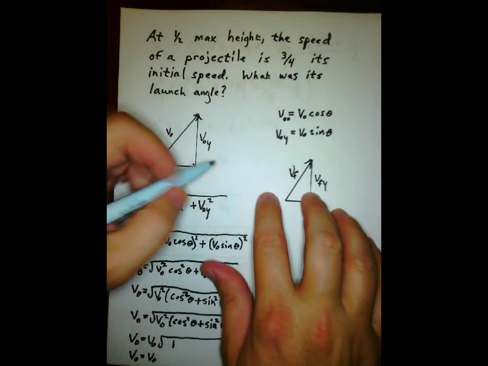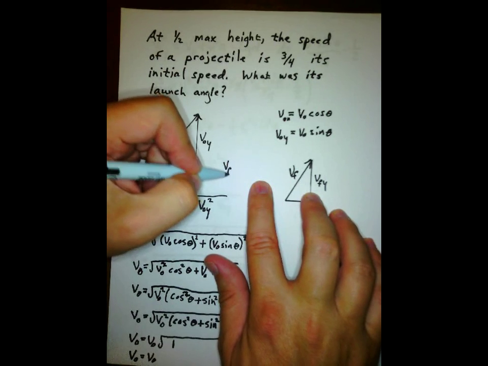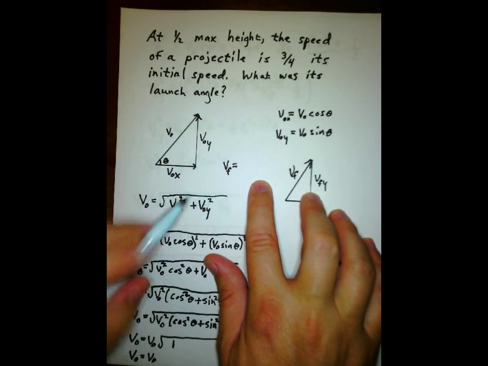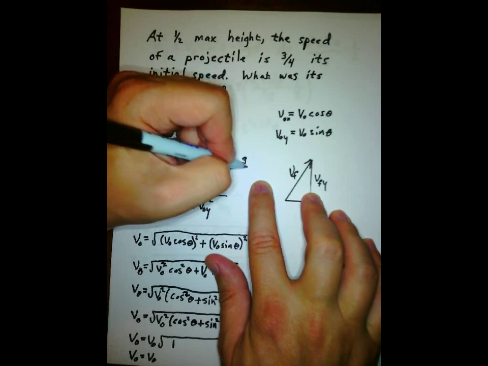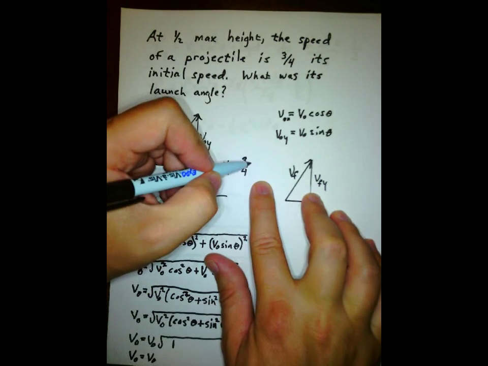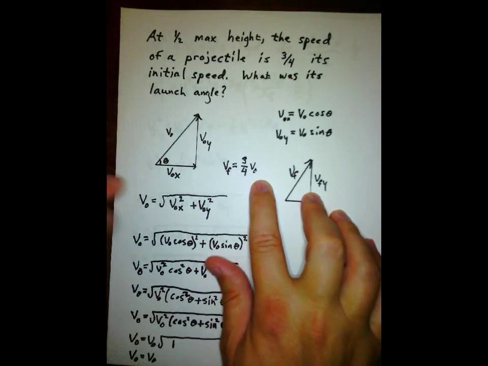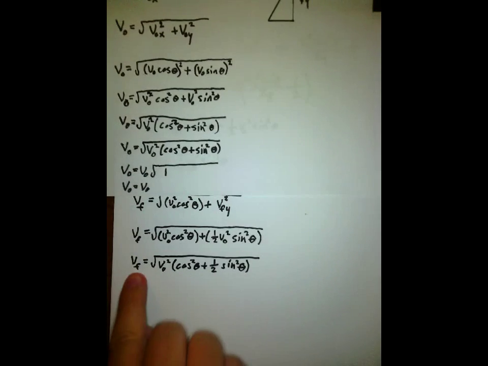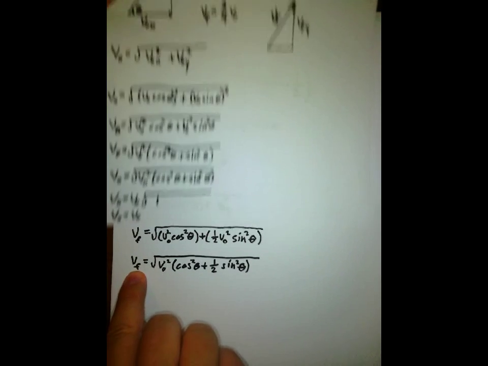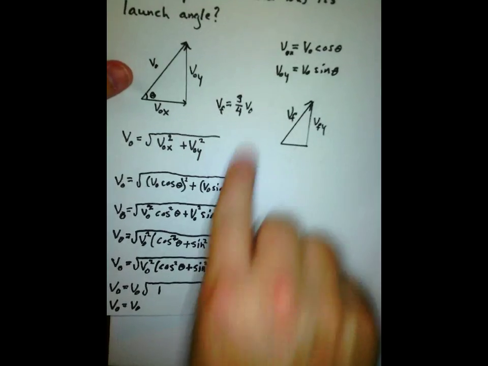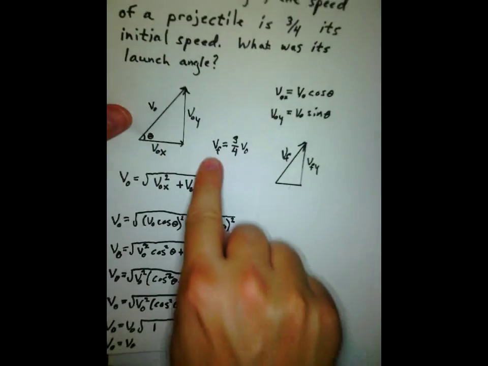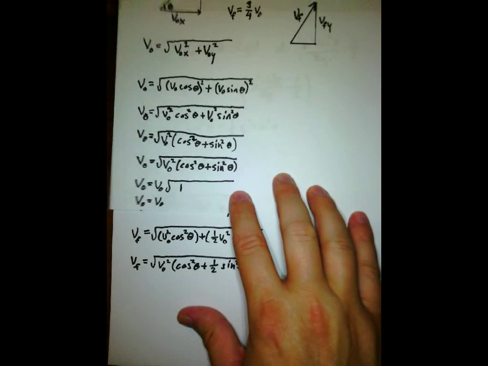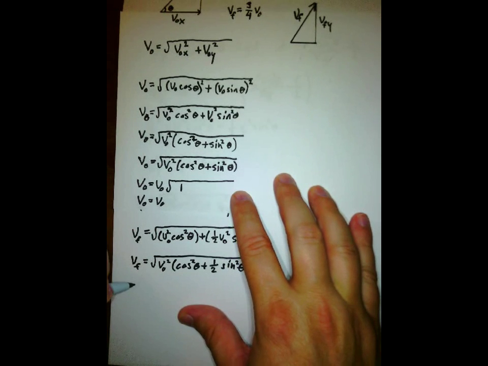So what that is saying is that V final is 3/4 V naught. So I have V final here, and so I'm going to do this substitution. So in place of V final, I can put 3/4 V naught. So right here I'm going to have 3/4 V naught.